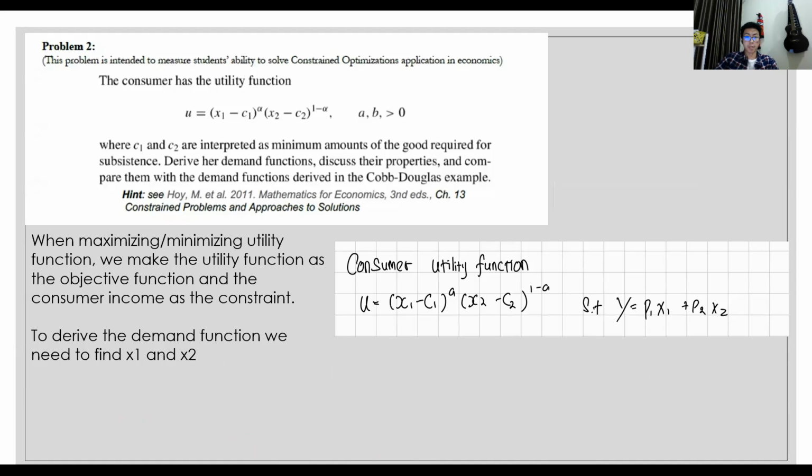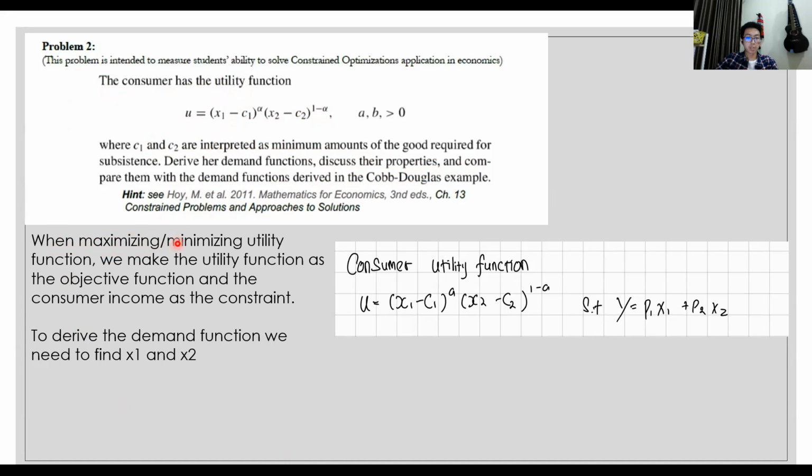Moving on to the second problem, it is about optimizing the utility function. We have the utility function here, where C1 and C2 are interpreted as minimum amounts of the goods required for subsistence. We need to derive the demand function, discuss its properties, and compare it with the demand function derived in the Cobb-Douglas case.